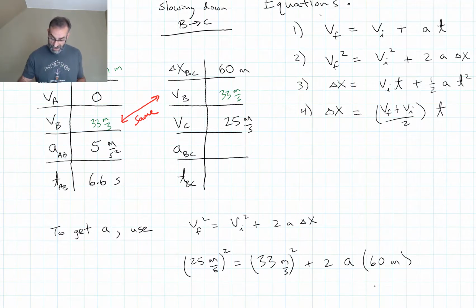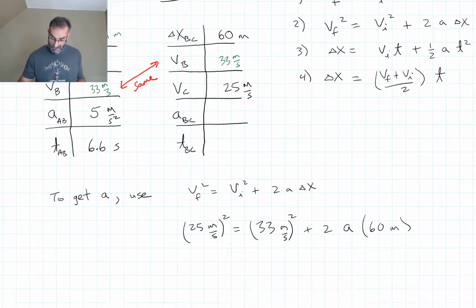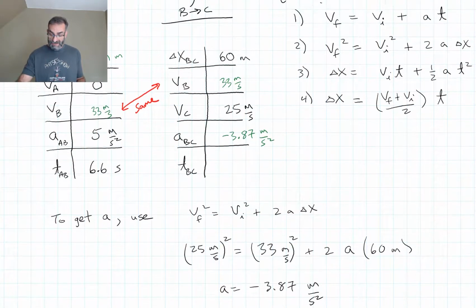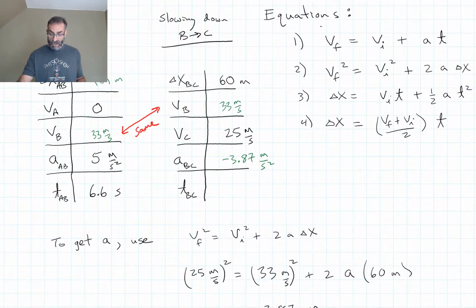And I get my acceleration is negative 3.87 meters per second squared. Now we know everything but time, so we can pick any equation with time in it. I'll pick equation 1 since that looks like the simplest one to use, and I'll solve for time.